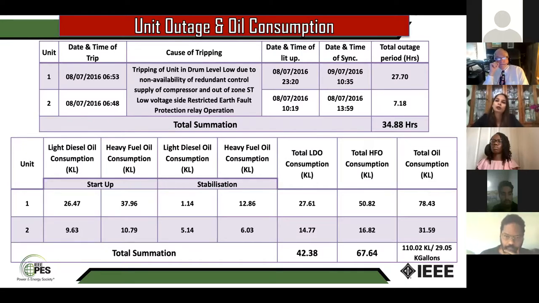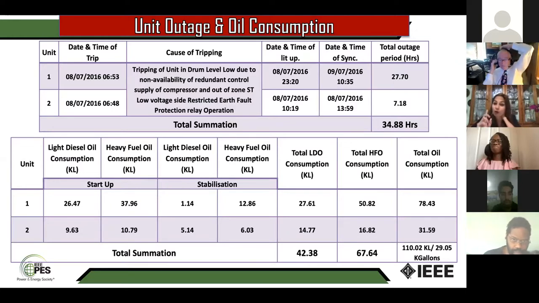Startup is when you need to give your unit a push, because the ignition temperature inside the furnace is cold right now. So we need to raise the ignition temperature by giving a low viscous fluid, which is oil. And oil is the same oil that you fill your cars with, and the consumption is not much. It's just 110 kl, which is 29,000 gallons.